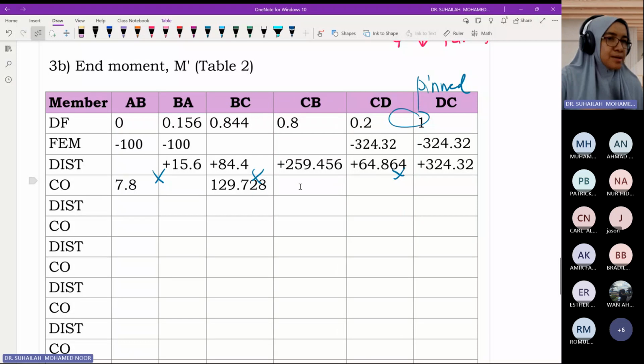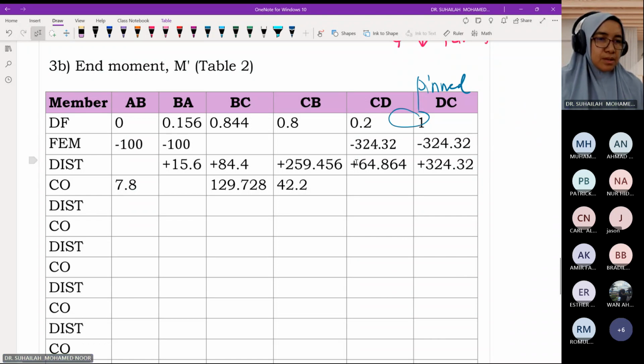And then 84.4 divided by 2 is 42.2. Okay.